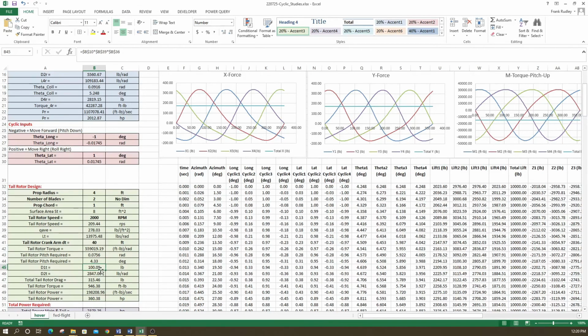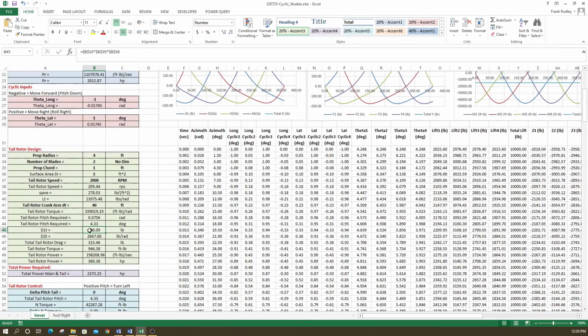Now we also have drag of the tail rotor, so there's the D1 drag and the D2 drag, which is fairly a big number. The total tail rotor drag winds up being 315 pounds in this case, and there's a torque of the tail rotor. You work it out the same way as the main rotor. And so this is the power required.